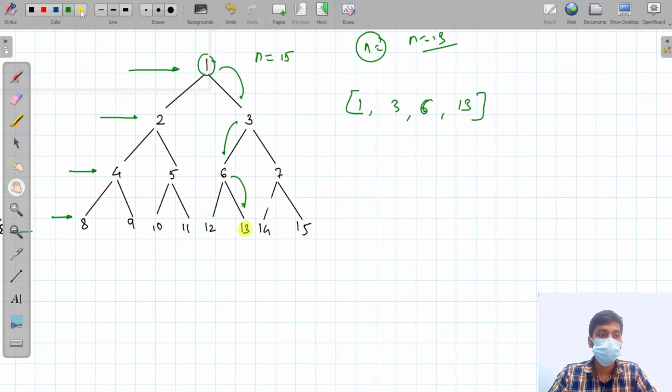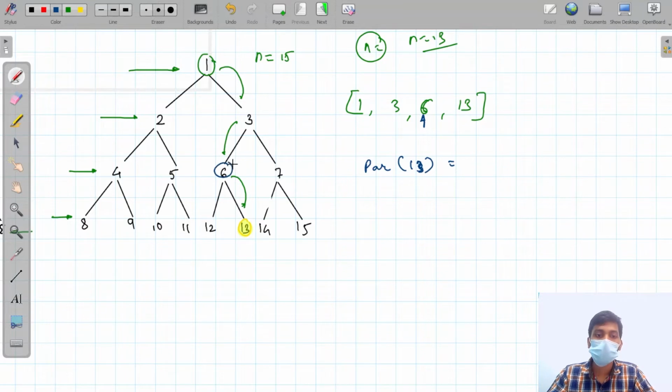Now let's think that if I am currently standing at this 13, somehow I was able to get the value of 13's parent, then that is going to be 6. Then can I include this in my answer? Yes, I can.